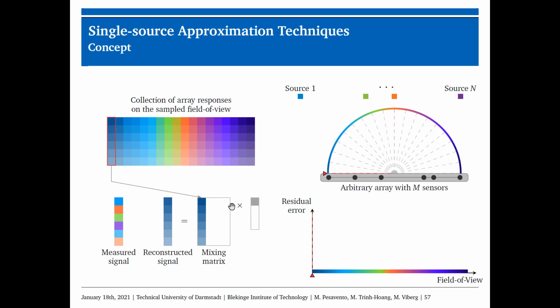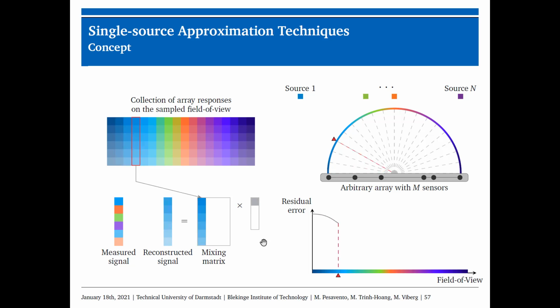Note that we do not consider the influence of the remaining source in the model, and therefore the remaining columns of our steering matrix are empty. The null spectrum basically represents the residual error between the measured signal and the reconstructed signal from the single source model.